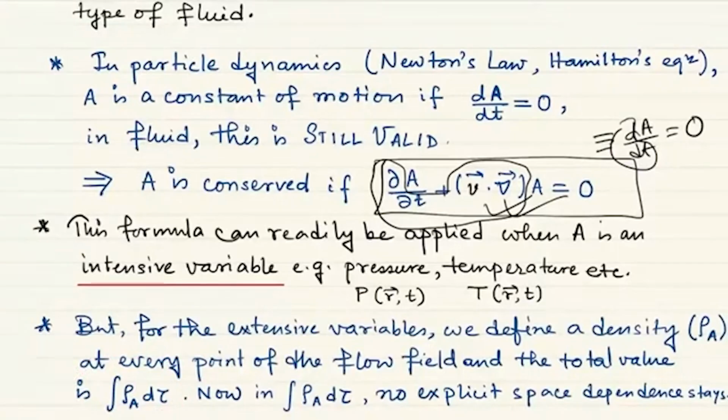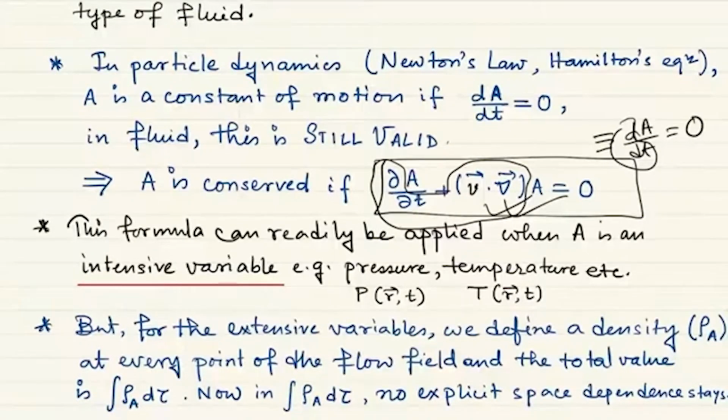Now when we say that A is conserved, that means the integration of ρ_A dτ is conserved, because that is nothing but equal to A. Just remember the mass: if A is the mass, then ρ is simply the density, so the integration of ρ dτ is nothing but the mass.